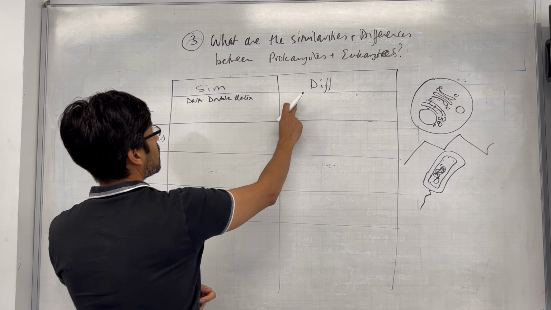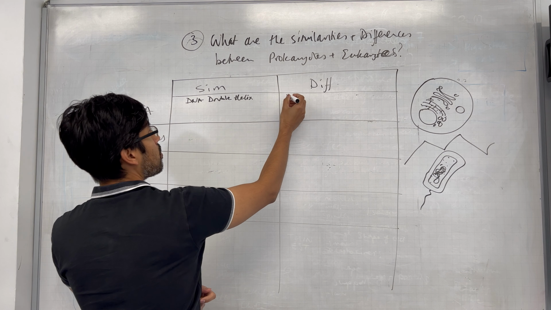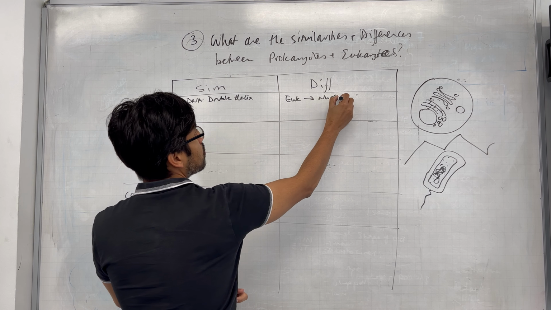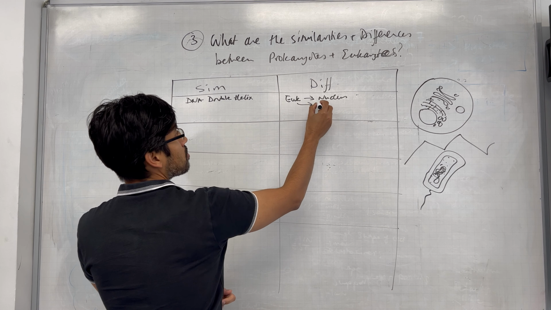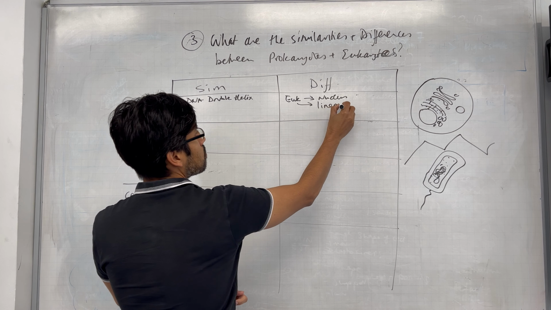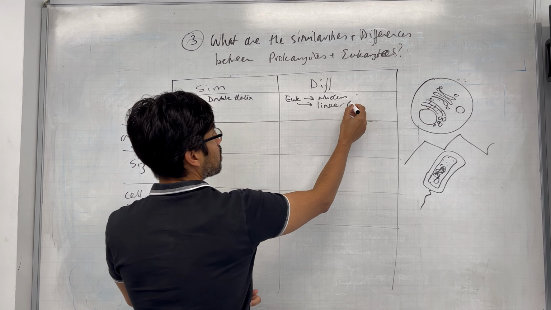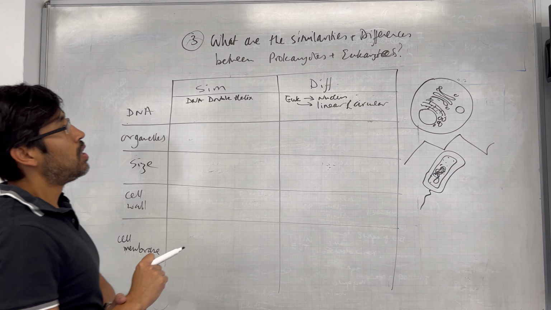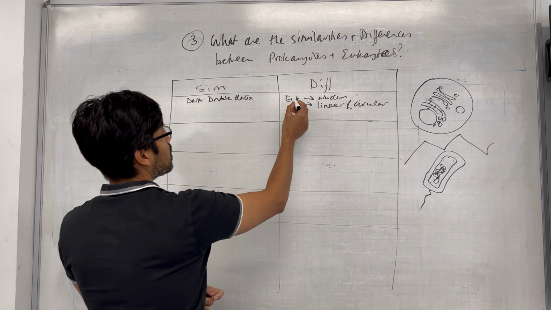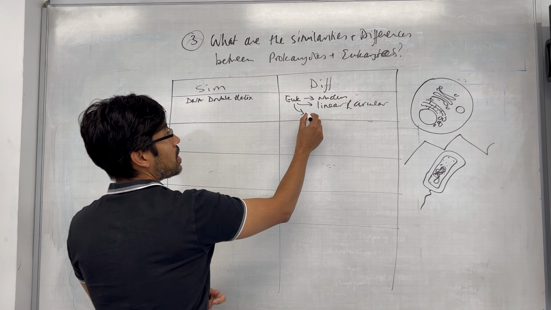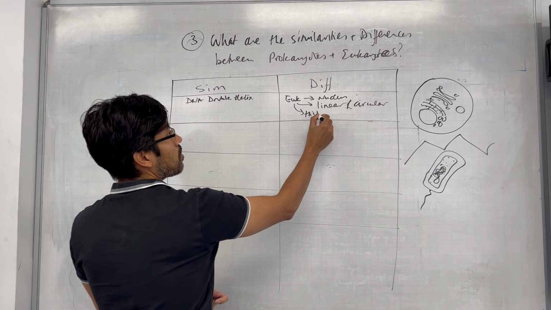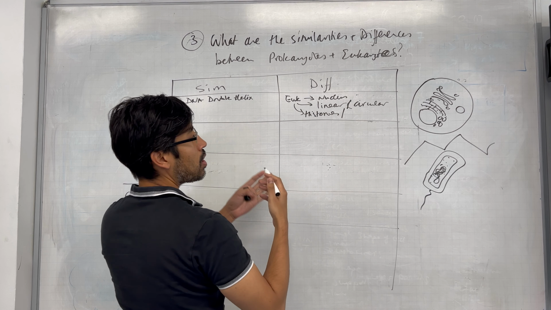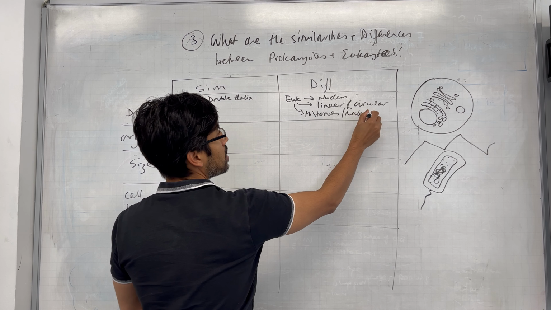The DNA in eukaryotes is in a nucleus. In eukaryotes, it's linear, right? Whereas in prokaryotes, it is circular. In eukaryotes, the DNA is associated with histones, whereas in prokaryotes, you can consider it to be naked.